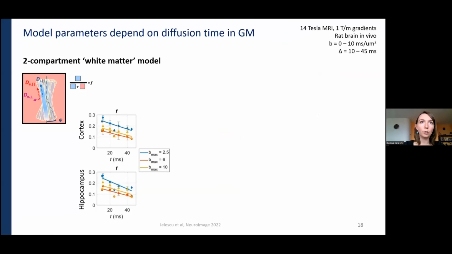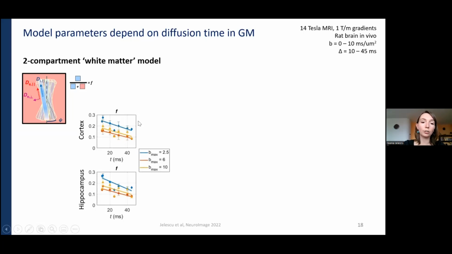So I think diffusion time is really important in gray matter. And the point is that if we blindly apply a two-compartment white matter model, so the standard model without exchange, to gray matter structures such as cortex or hippocampus, we see that, for example, the axonal density becomes dependent on the diffusion time at which you're performing this measurement.